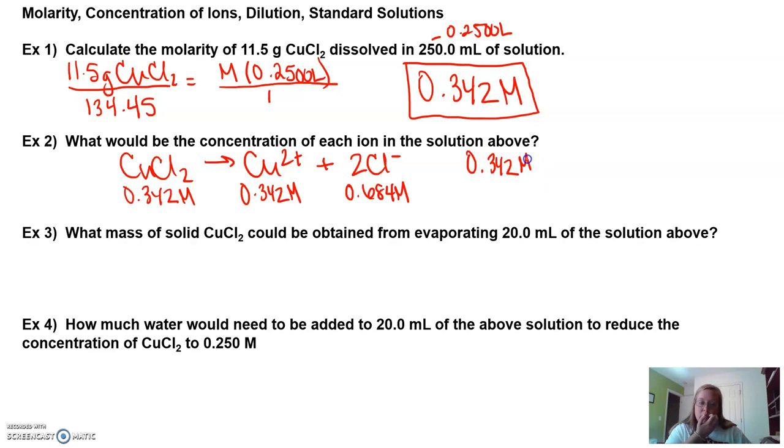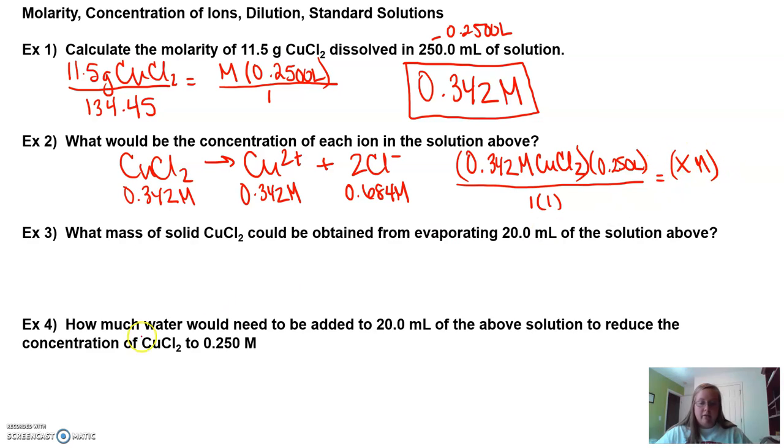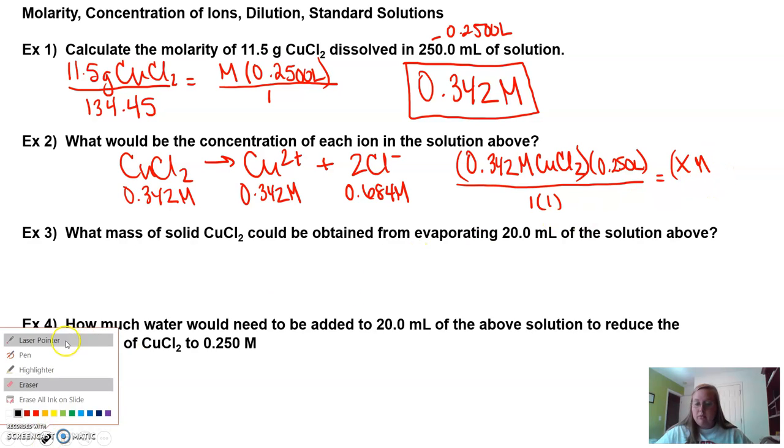So if you have 0.342 as the molarity of the whole solution, and we're dealing with a 250 milliliter solution, you're going to put 1 on the bottom. And now I'm going to introduce the coefficient for this balanced dissociation reaction. So that's a 1, and I'm solving for X molarity of, let me just put the unit on that so we know what we're talking about.